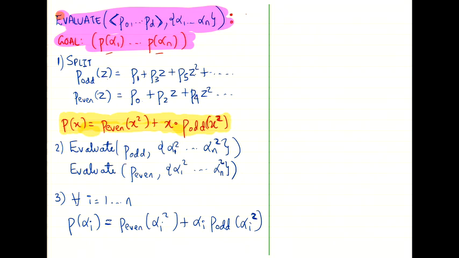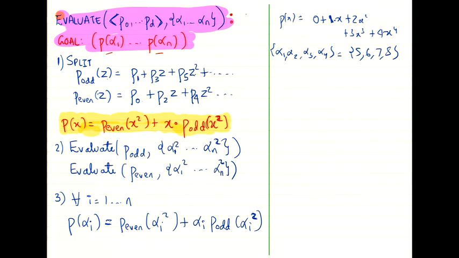So, for instance, p of x is our favorite polynomial, let's say 0 plus 1 times x plus 2x squared plus 3x cubed plus 4x to the 4. And you're given 4 points, alpha 1, alpha 2, alpha 3, alpha 4. Let's say these are numbers 5, 6, 7, 8, some set of numbers. And you want to evaluate this polynomial at these 4 points.